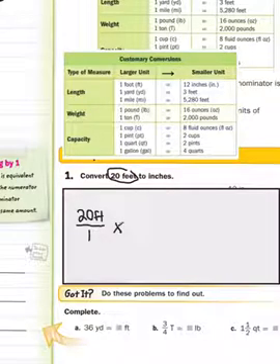So remember, we're going to be doing a multiplication problem. That means we need our second fraction. Now our second fraction we get from the table. If you look here, it says we are converting feet to inches. So we need to know the feet and inches conversion, which is right here. We know 1 foot is 12 inches. Now here is the thing.